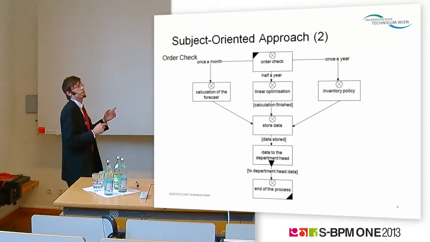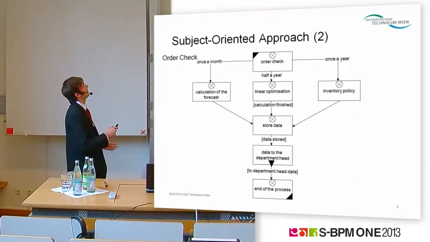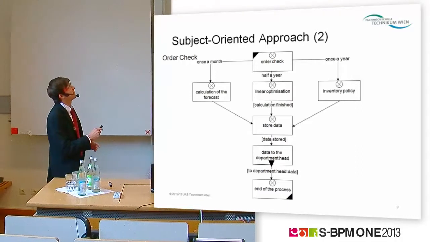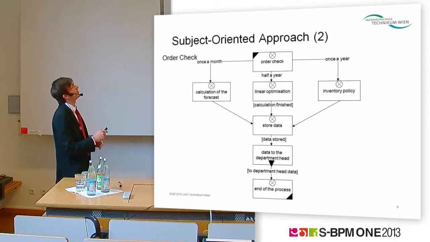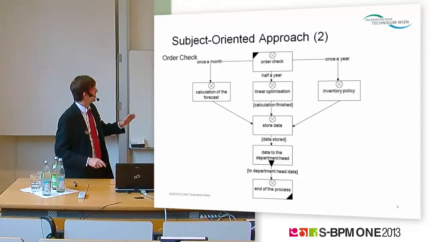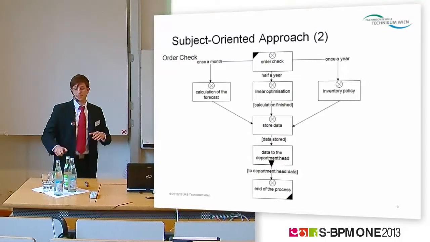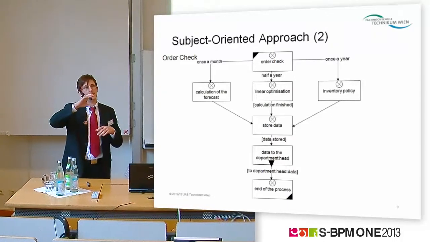I call it order check, you can also call it production planning. The process starts with the activity order check. And then you see different modules, components, and there I've made nothing else than the different methods, the different tools of production planning.